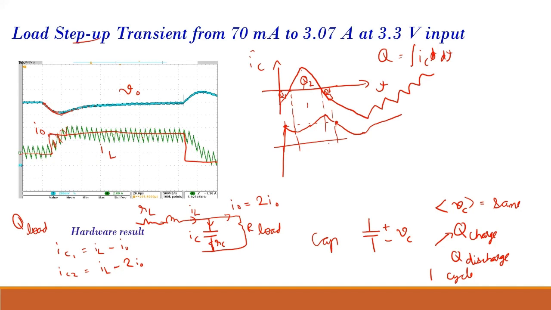Any doubts? Sir, we are talking about this step-up branch. This is the average current, right? Yes, average current. But the average current also will not have a step as we draw now, sir.